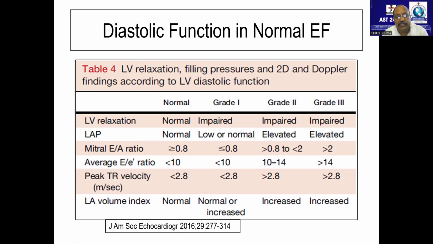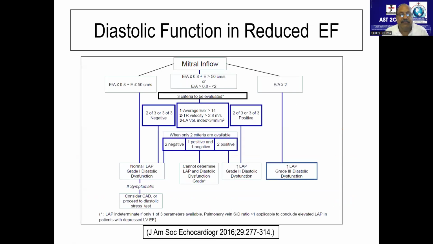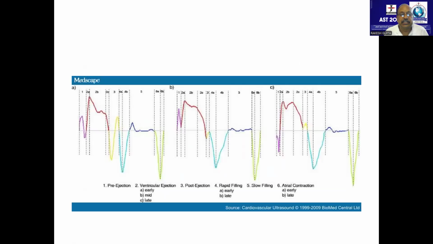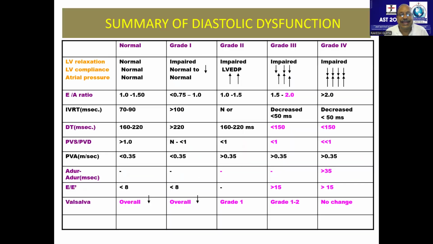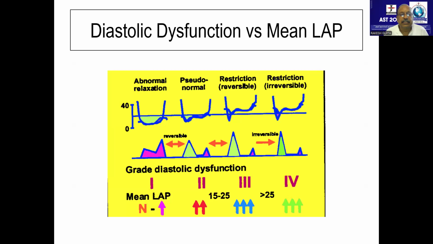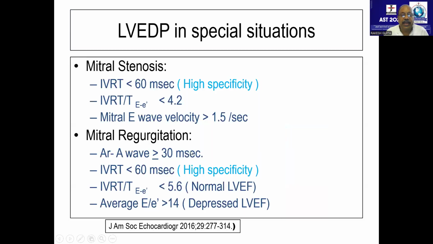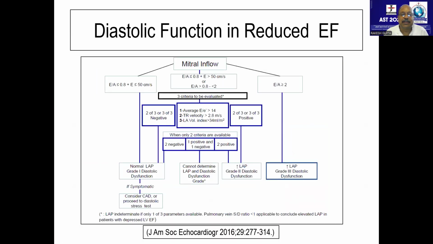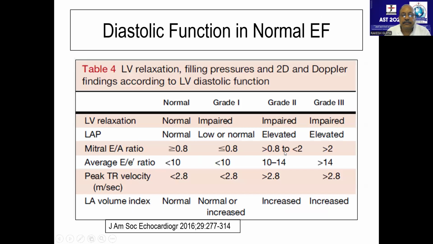When the first relaxation abnormality happens, we develop a reversal of this ratio, that is, E is smaller, A is taller. And then we come to a similar pattern where E becomes taller and A becomes smaller. That's why it is called pseudo-normalization. So it continues further.